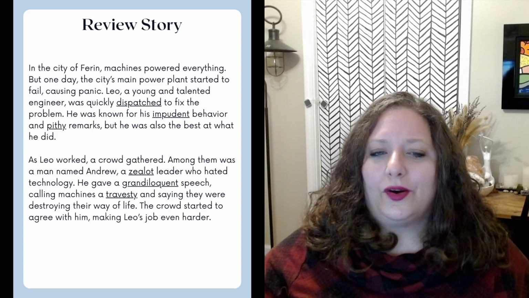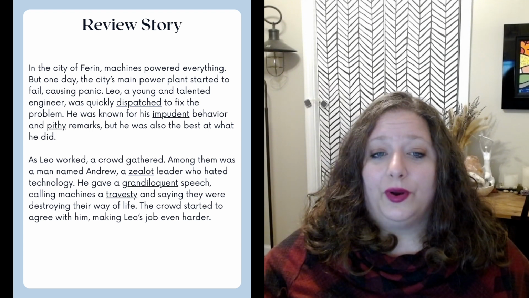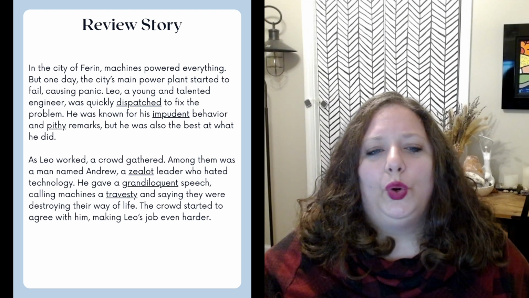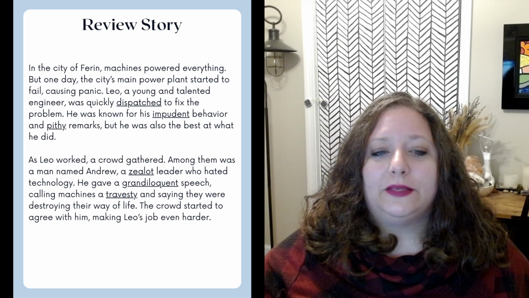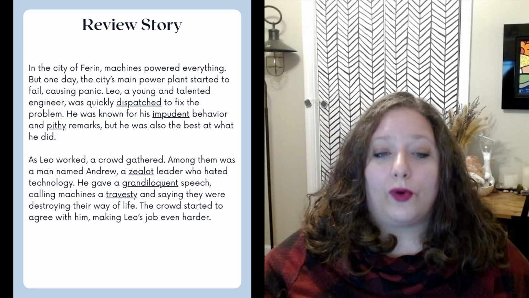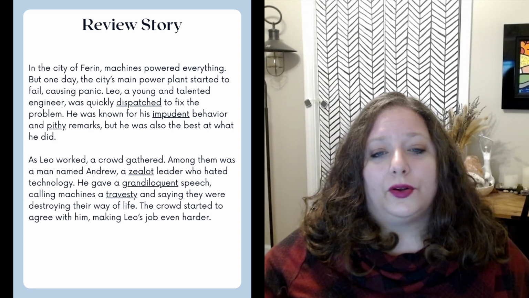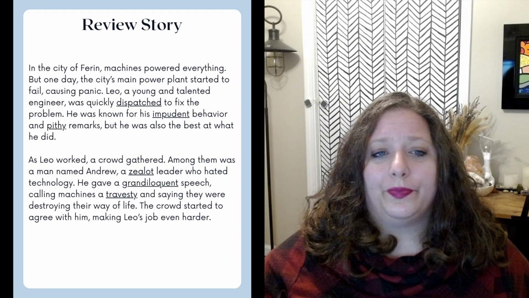As Leo worked, a crowd gathered. Among them was a man named Andrew, a zealot leader who hated technology. He gave a grandiloquent speech calling machines a travesty and saying they were destroying their way of life. The crowd started to agree with him, making Leo's job even harder.